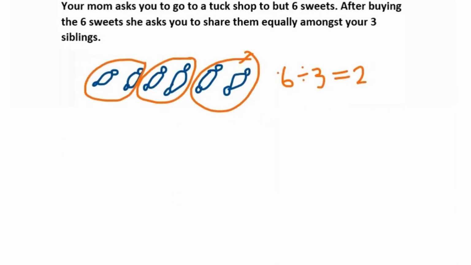So in long division, the steps we follow are D, M, S, B. D stands for divide, or division. M stands for multiply.